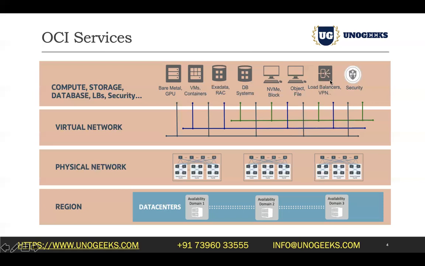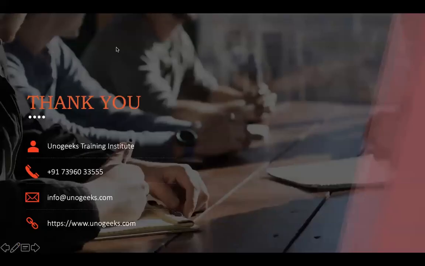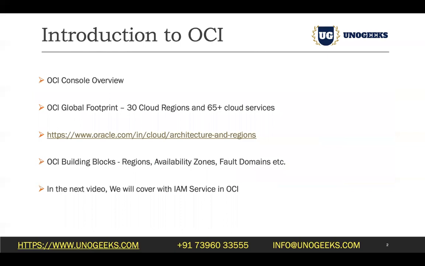You've got load balancers, VPNs, and all the security framework that you need. So you could control what a particular user can do in OCI at a very granular level with the help of the security framework. And that's all about OCI services.